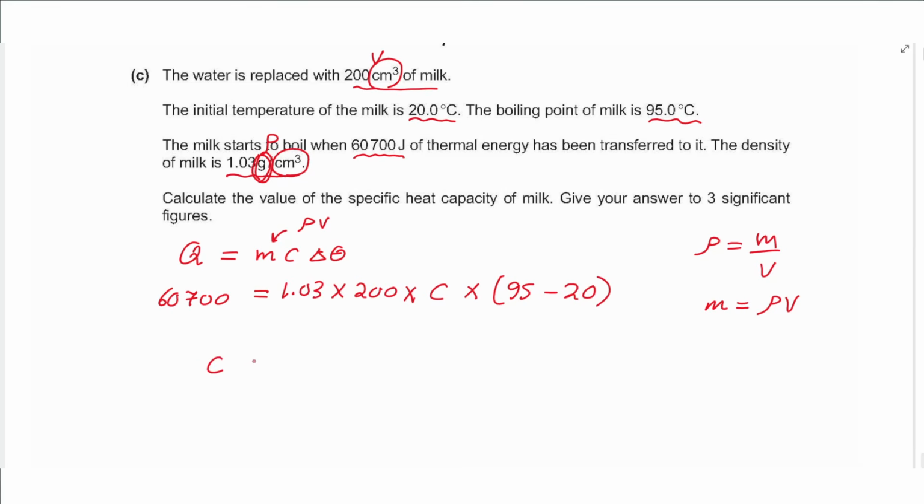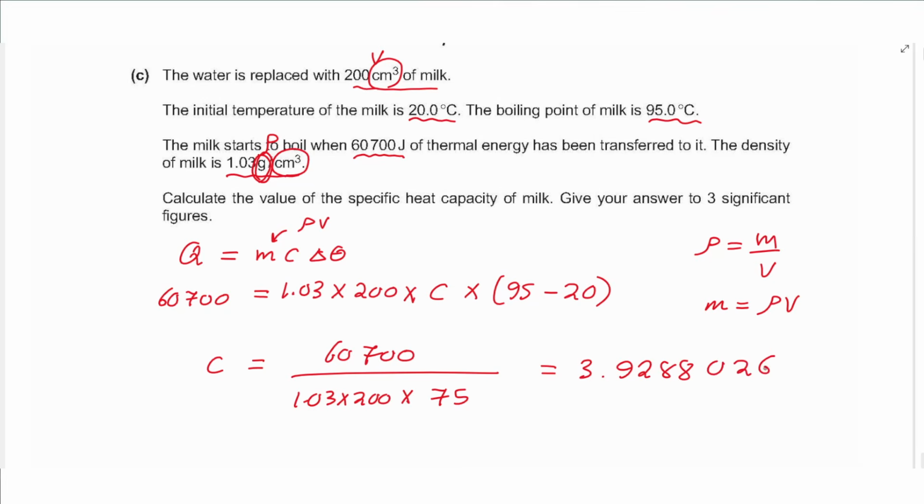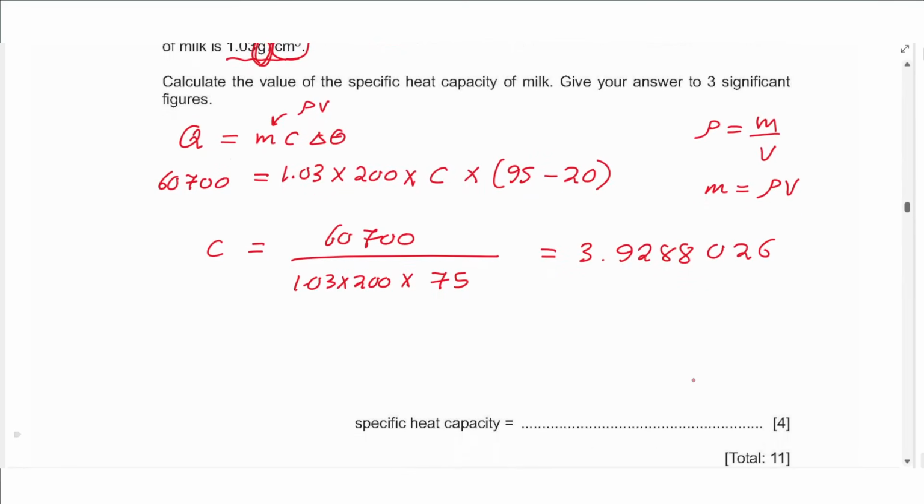So we make C the subject of the formula: 60,700 joules over 1.03 multiplied by 200 multiplied by 95 minus 20, which is 75. This gives 3.9288026, but we will not be using that many significant figures. 1.03 is 3 significant figures.